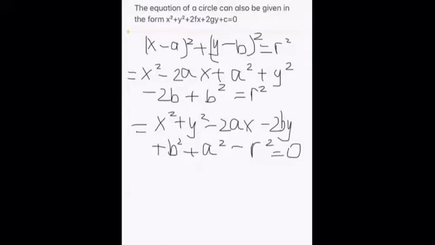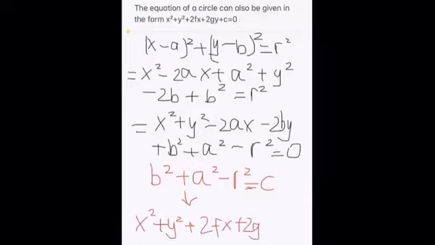And you will let the last 3 terms equal c. So you will write it finally in the form x squared plus y squared plus 2fx plus 2gy plus c equals 0.